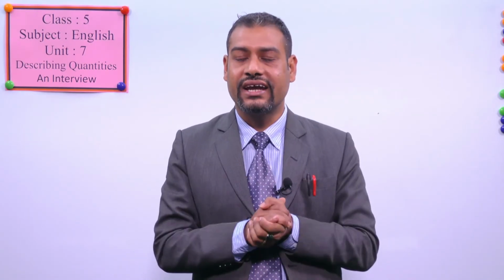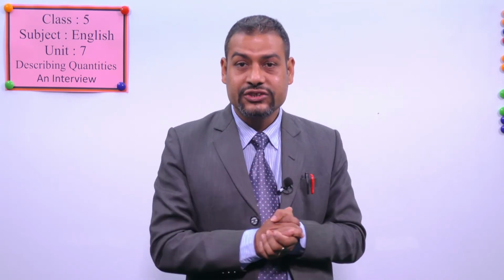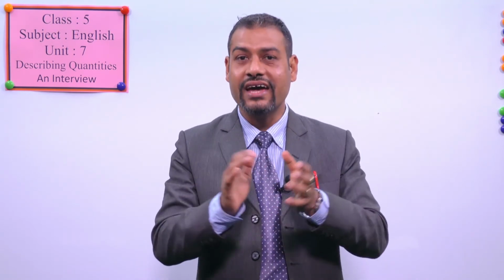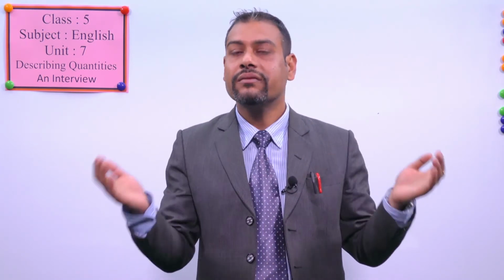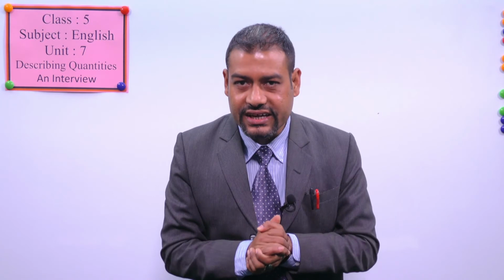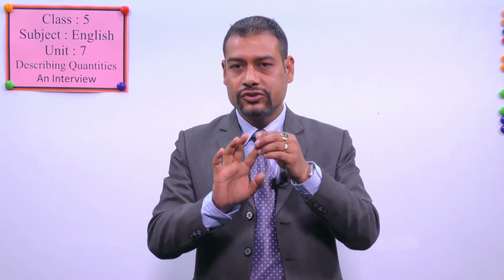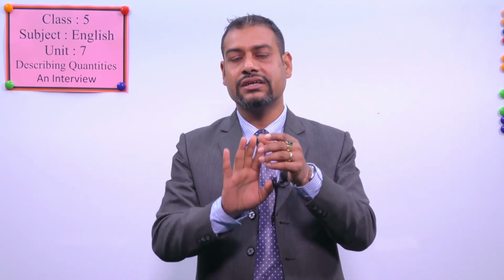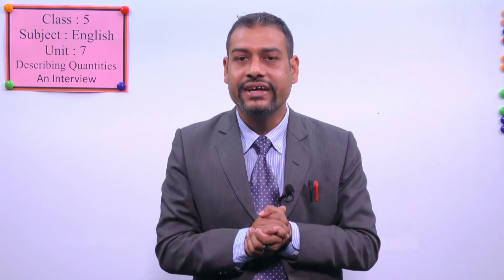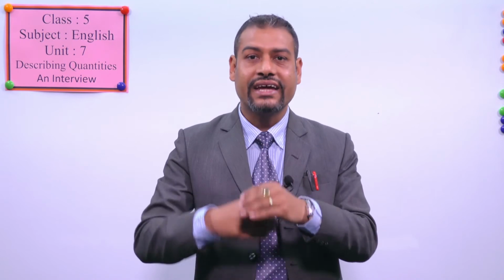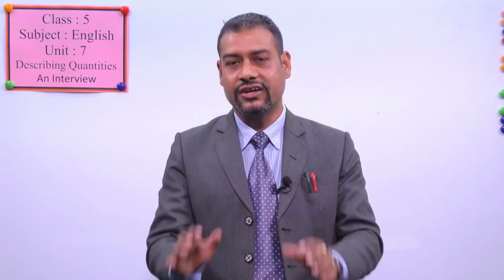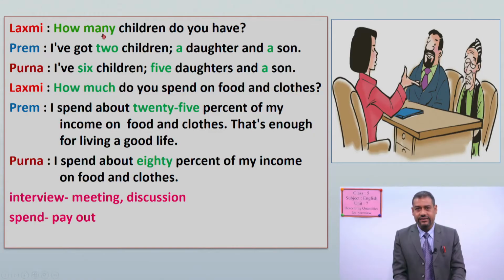That is how we can count. Suppose I ask you, how many pencils do you have? Because we can count the pencils, okay? We can say 1 pencil, 2 pencils, 3 pencils, 4 pencils. That's how we can count. So if we want to know the quantity that we can count, we have to use the phrase how many.